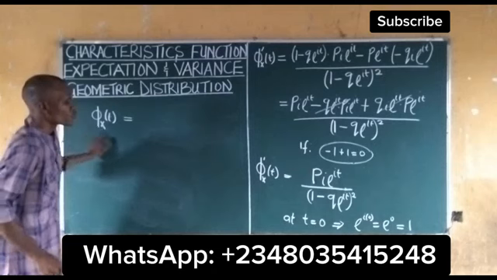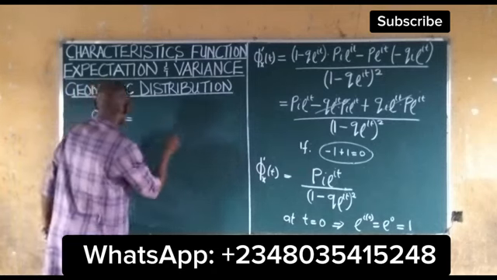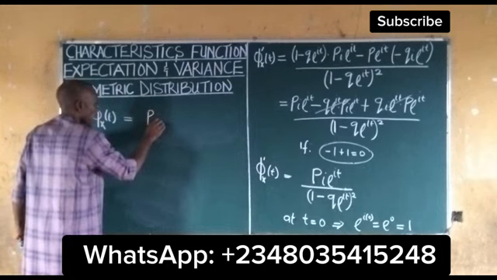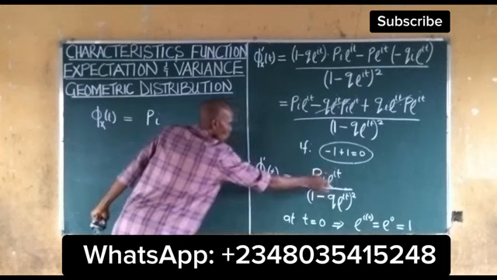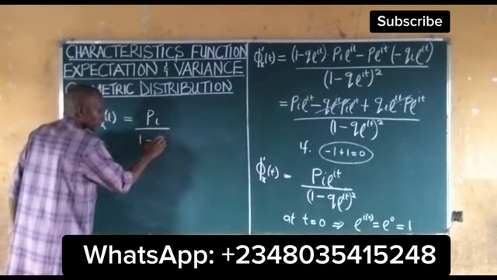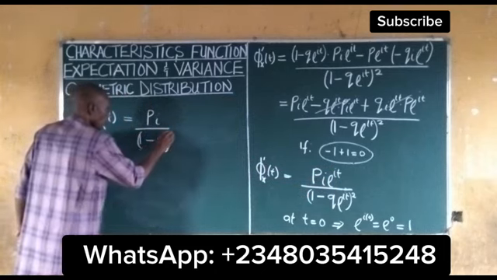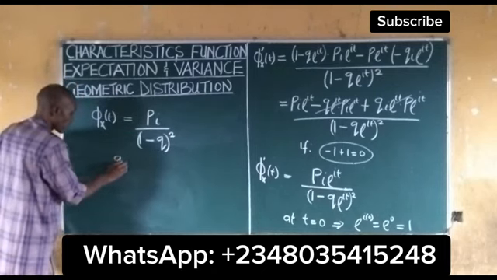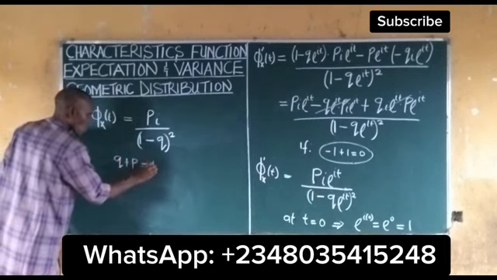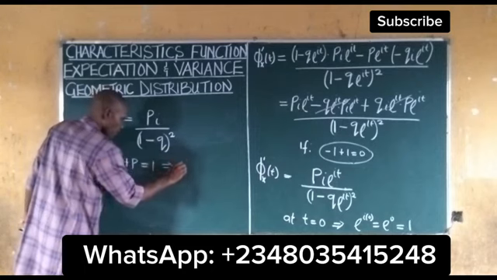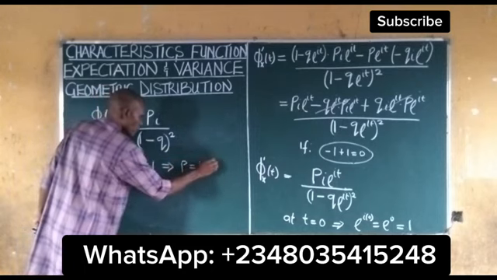So at t equal to 0, we have p i, because this becomes 1, all over 1 minus q squared. From probability, we know that q plus p is equal to 1, which implies that p is equal to 1 minus q.